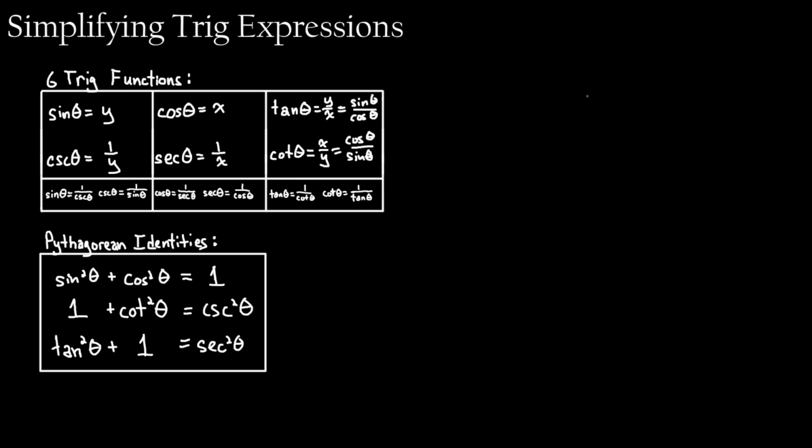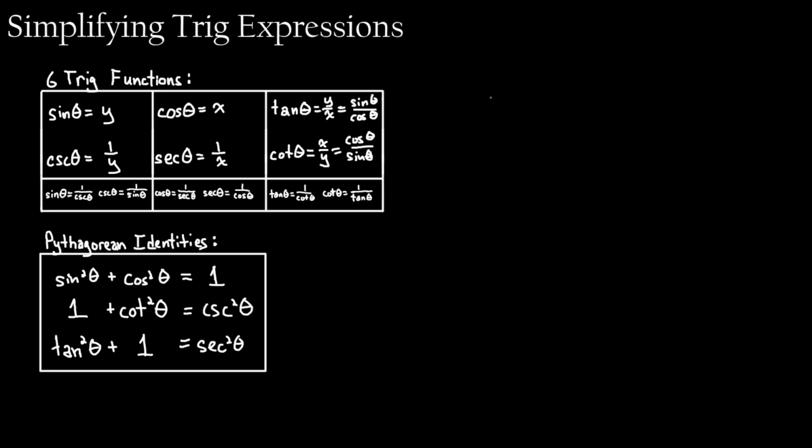All right, guys, so now what we're going to do is what we call verifying identities. And so when we verify an identity, because these can take almost any form, they're going to give you an equation, and we want to verify that one side is actually equal to the other. We're verifying this identity, and basically what you're doing is verifying that one side simplifies down to the other side.